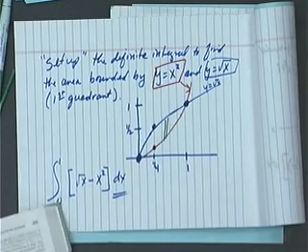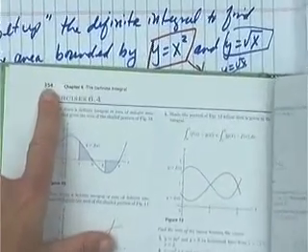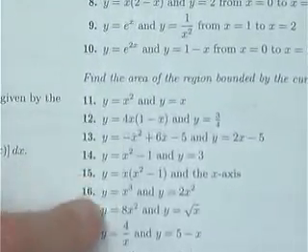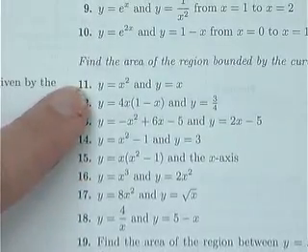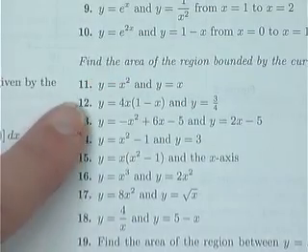I'm going to go to a problem from the book, and I'm going to have you select the one you want to do. I'm on page 354. Let's pick an even problem here because you've got the odd ones in the back of the book. The instructions are find the area.